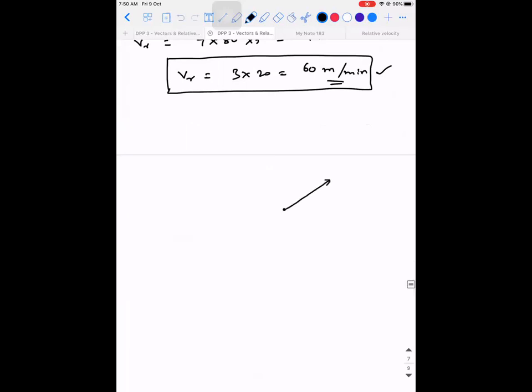See, F1, F2, and F3. These are the angles theta 1, theta 2, and theta 3 under balance condition.